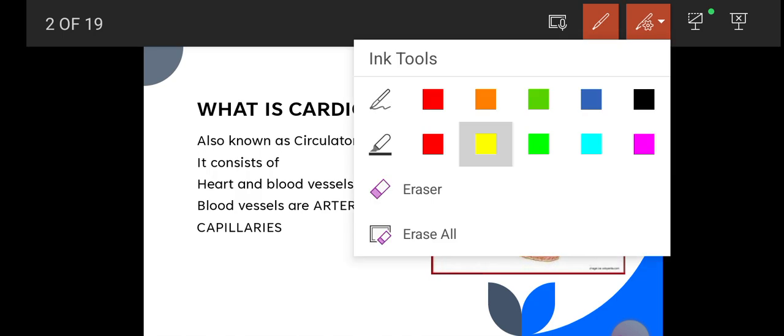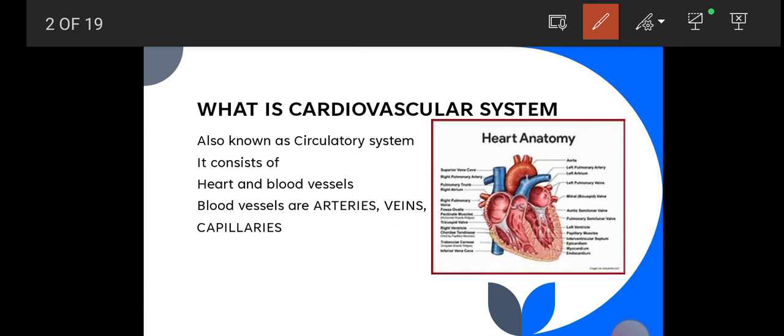As you can see here, it is also known as circulatory system. I have already written here. So now it consists of heart and blood vessels. Blood vessels are of three types: arteries, veins, and capillaries.